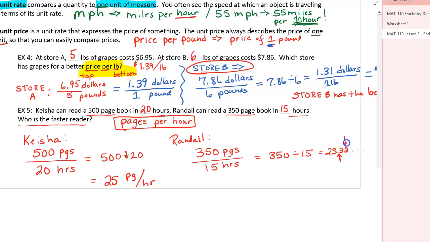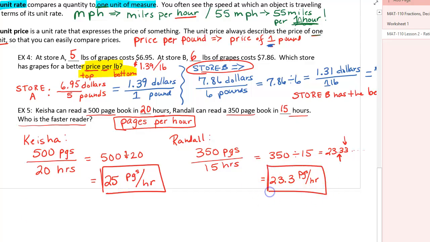The number to the right is not 5 or bigger, so that will stay a 3. So we're going to end up with 23.3 pages per hour. So in this case, the person who reads faster can read more pages in an hour. So Keisha is the faster reader.